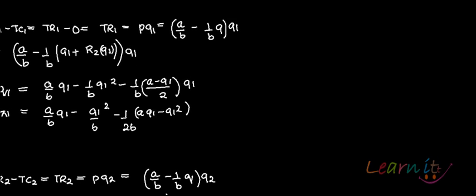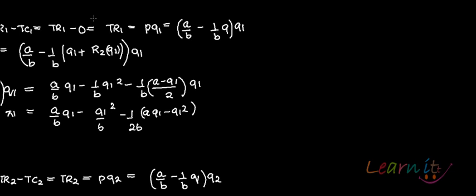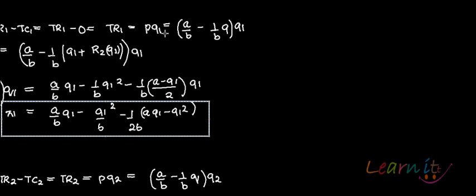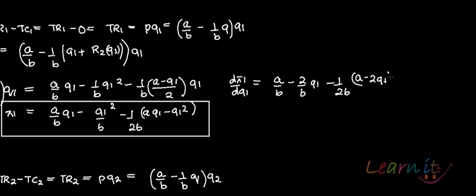Now given this profit function of firm 1, find d pi 1 by d Q1, which is A by B minus 2 by B Q1 minus 1 by 2B times A minus 2Q1, which should be equal to 0.